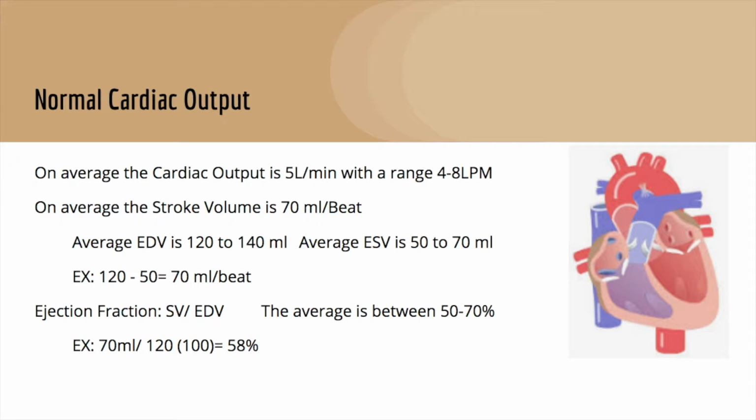The average is between 50 to 70%. So an example would be a stroke volume of 70 milliliters divided by 120, the end diastolic volume, times 100 to give you the percent. It would be about 58%, which is within that average range.